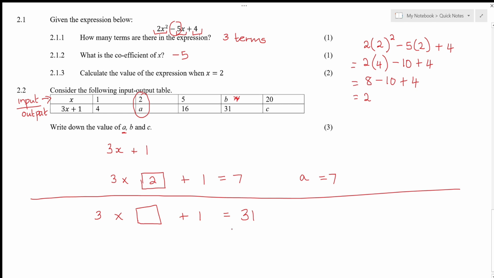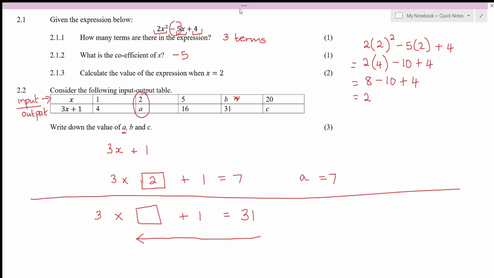So they're giving you the value. The value is 31. Now remember that if you go in reverse, what is the inverse of plus 1? The inverse of plus 1 is going to be minus 1. Okay? And the inverse of times 3 would be dividing by 3.